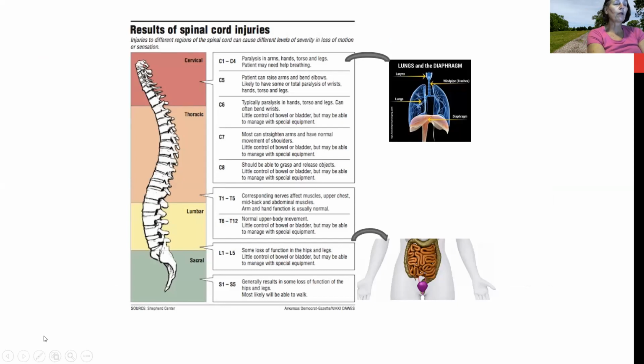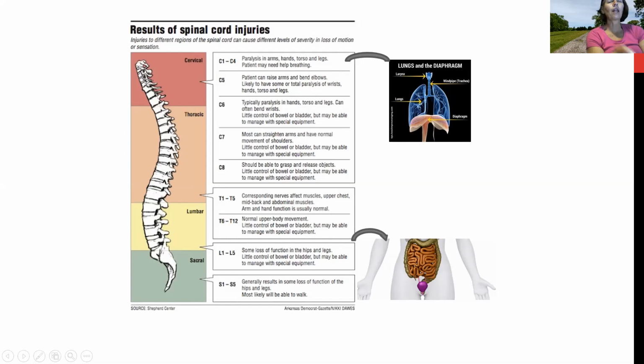The other little arrow and picture I have here is right there at the lower T, T12 to L1. You can see there, if you have an injury below in the lumbar area, they have control over bowel and bladder. It may not be perfect. They may have to have some equipment, but they can maintain some control over their bowel and bladder. Above that, incontinence is a bigger issue.